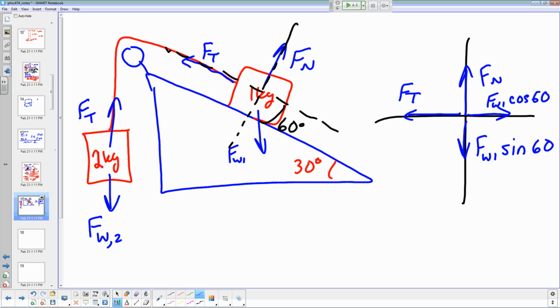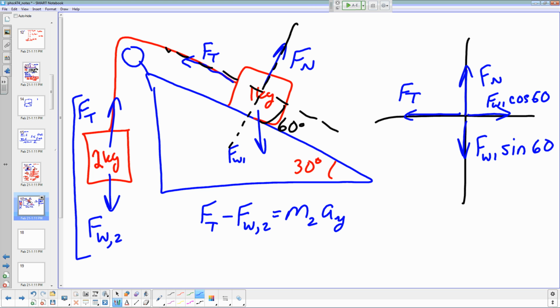All right, now I can figure out some stuff. I can write my Newton's laws, apply Newton's second law. I can say Ft minus Fw2 is equal to m2 times a in the y direction.